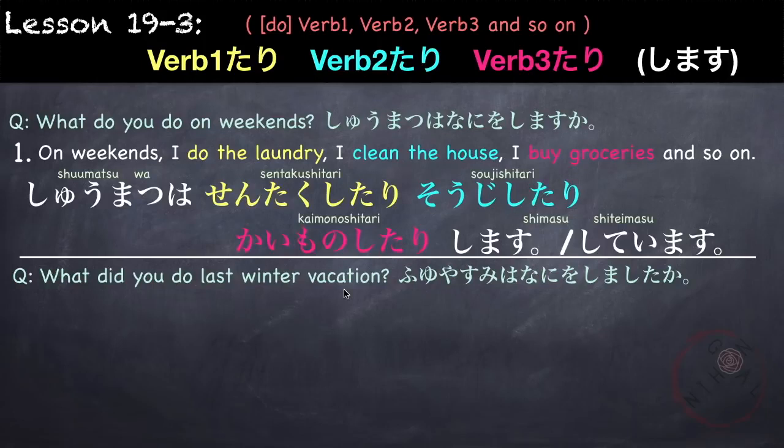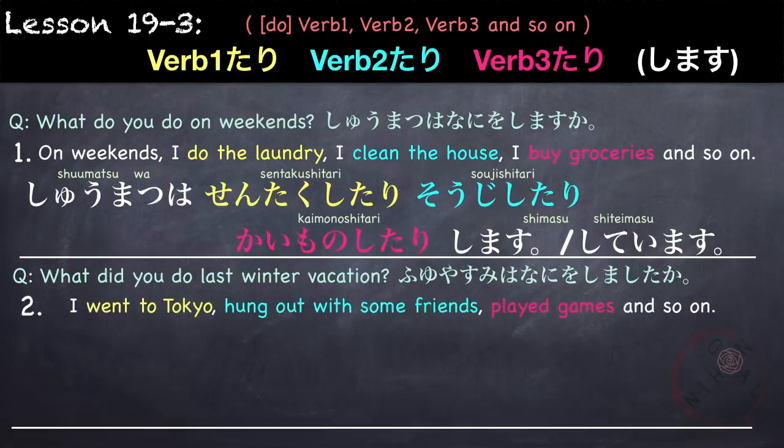So just recently we had a long holiday vacation. So, fuyuyasumi wa nani o shimashita ka? For example, I went to Tokyo, hung out with some friends, played games, and so on.